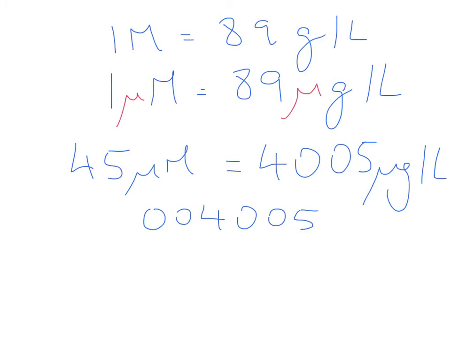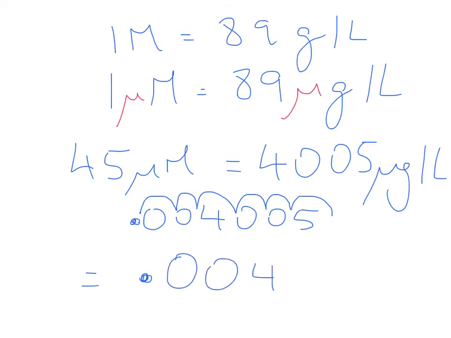So we need to divide by a million. So 1, 2, 3, 4, 5, 6. That's where we leave our decimal point. So the answer would be 0.004005 grams. Okay? And that would be our answer for question 7. So that's brought us 6 and 7, which are quite similar.